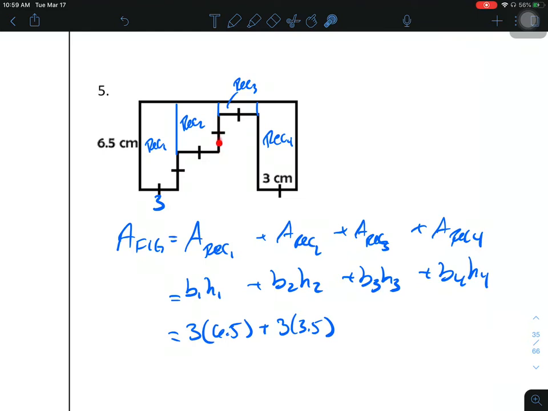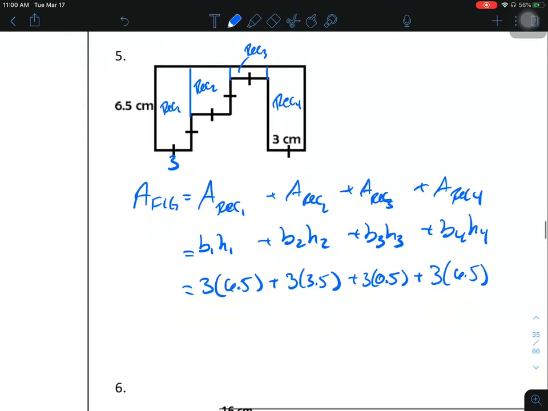3 plus 3 more, that makes this 6. This whole thing's 6.5, so this part right here is 0.5. And its base is also 3. 3 times 0.5. Last one, we have 3 times 6.5.